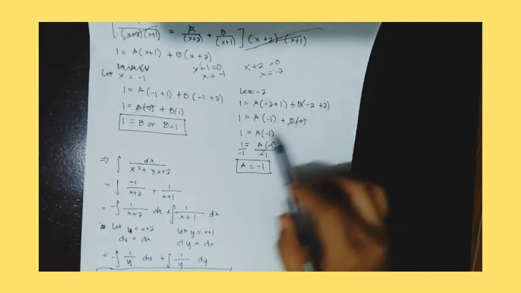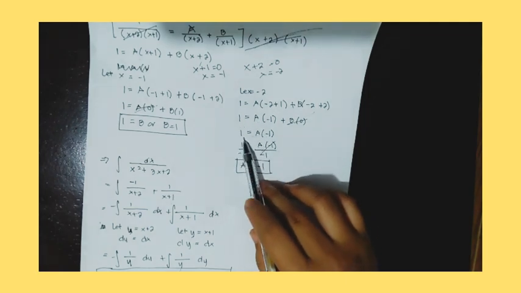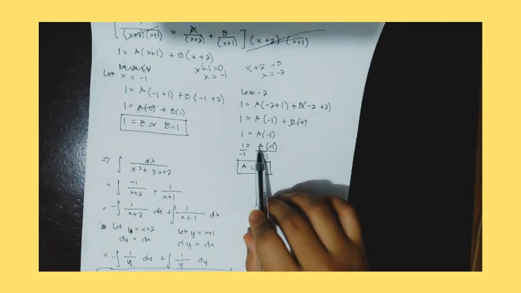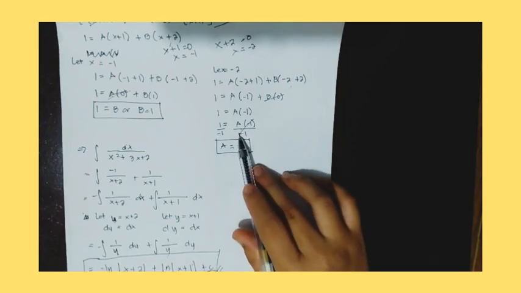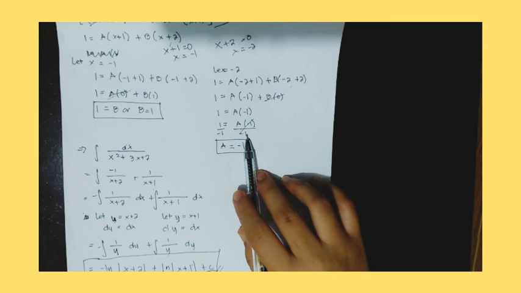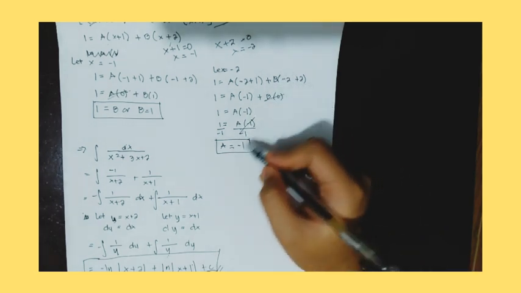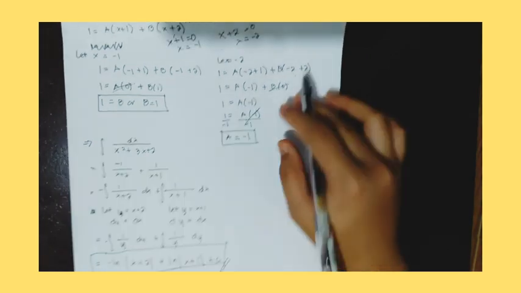Then the B term cancels. We get A by dividing by negative 1, so the negatives cancel. Then A is equal to negative 1.